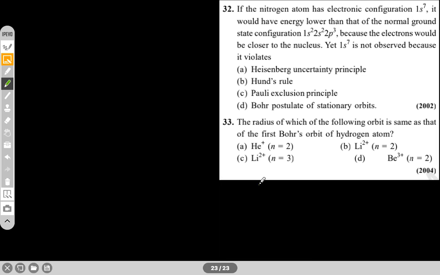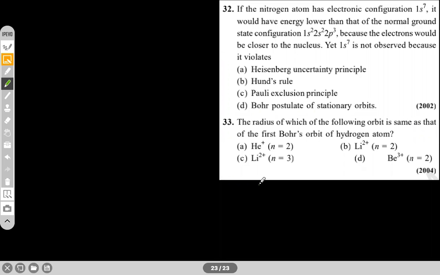Yet 1s7 is not observed because it violates Heisenberg uncertainty principle, Hund's rule, Pauli exclusion principle, or Bohr's postulate of stationary orbits.